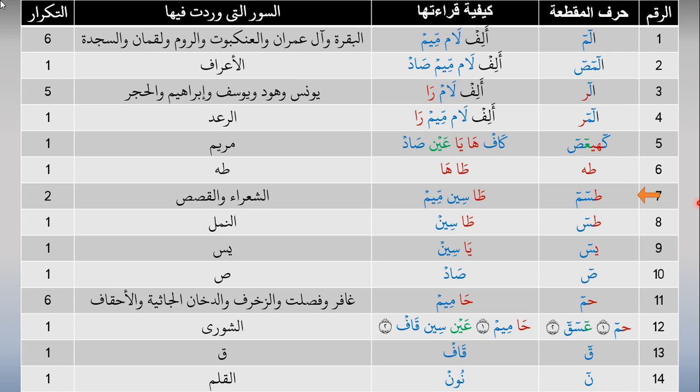Then we have طاء سين and ميم. طاسيم ميم. That's in Surah Al-Shu'ara and Al-Qasas, twice in the Quran. And then we have Ta and a Sin. Tasin. Surah Al-Naml, once. Then we have Ya and a Sin. Yasin. Surah Yasin, only once.